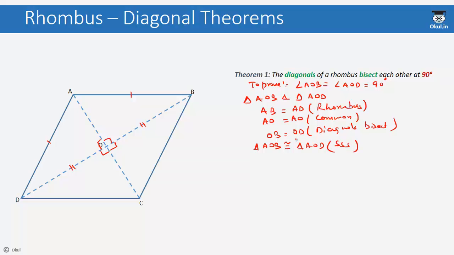Since the corresponding sides and angles of congruent triangles are equal, angle AOD is equal to angle AOB. And since DB is a straight line, angle AOD plus angle AOB is equal to 180 degrees, which implies angle AOD is equal to 90 degrees.